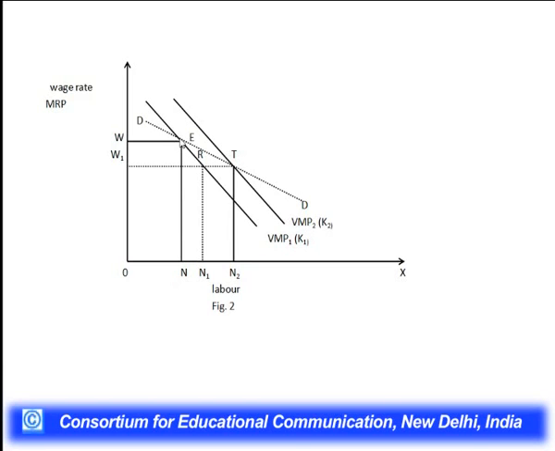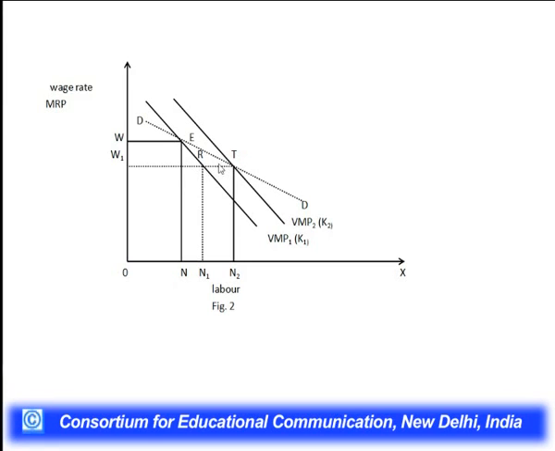So we have one point E. Now when the wage rate falls to OW1, if the VMP remains same, demand for labor is ON1. But actually what happens that more capital is also employed, so that leads to change in VMP.